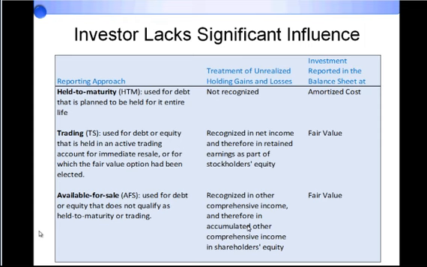Every year we're going to take the sum of all that other comprehensive income throughout the life of the company, and it's going to be recorded on the shareholders' equity statement as accumulated other comprehensive income. So the keyword there is accumulated. It could go up, it could go down from period to period, very similar to retained earnings, only it's for the other comprehensive income.